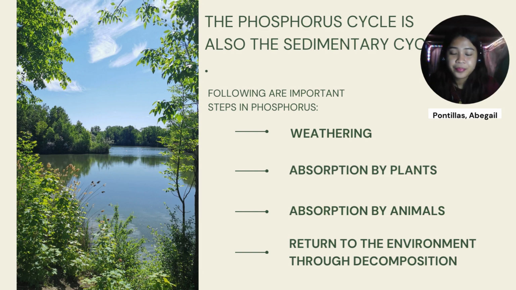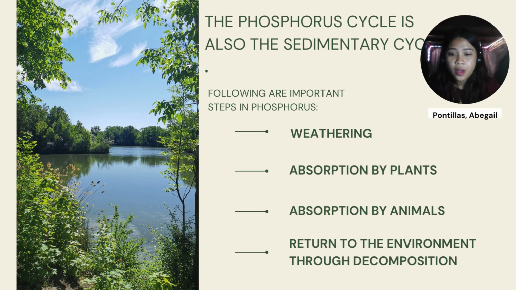And last is return to the environment through decomposition. Since the phosphorus cycle is also a sedimentary cycle, both are important, and the phosphorus should be returned back into the ecosystem.